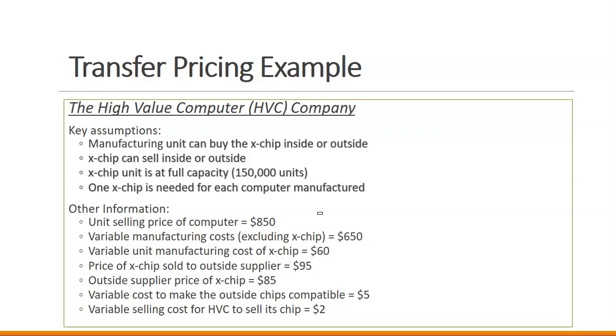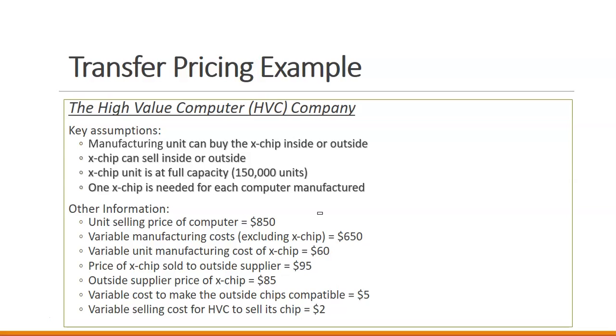Any other information that we would use is the unit selling price of a computer, our variable manufacturing costs, the price of the chip sold to outside suppliers, the outside supplier price of the chip, the variable cost to make the outside chips compatible, and the variable selling cost for HBC to sell its chips.